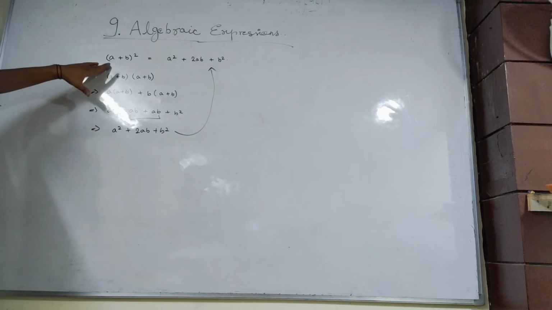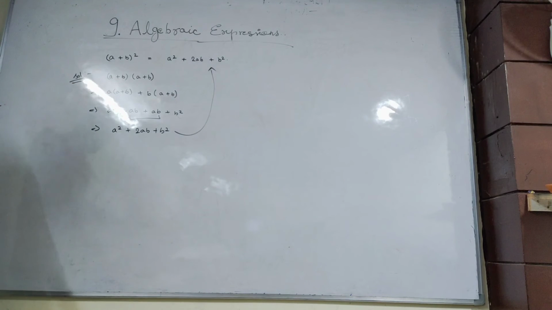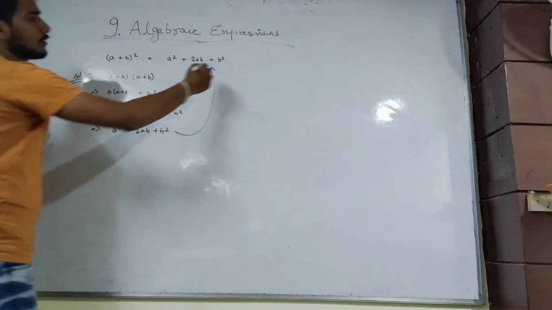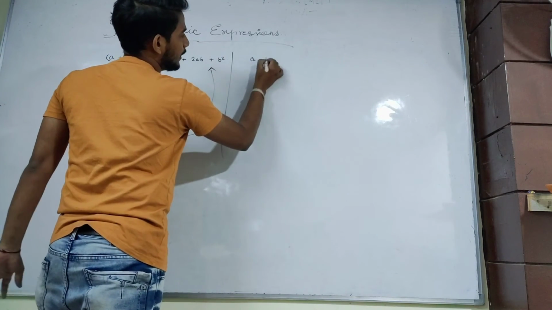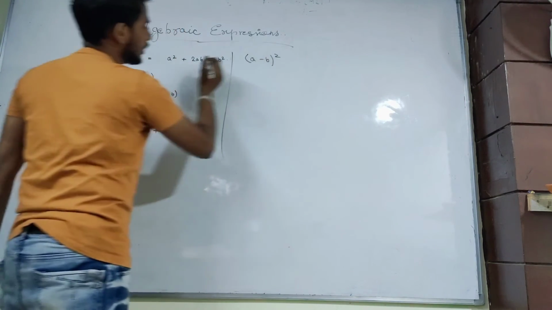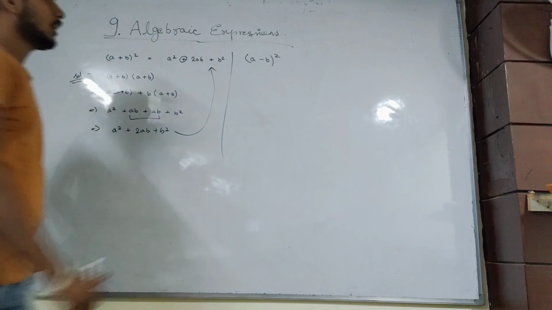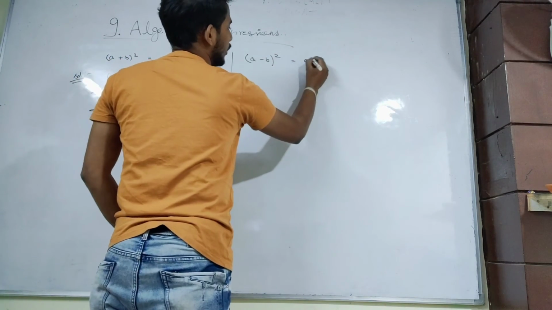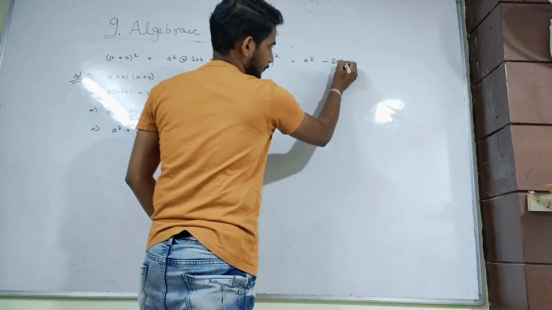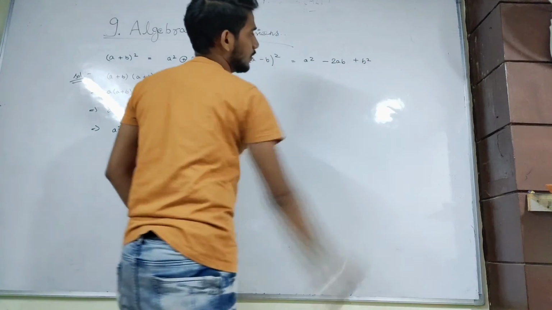And similar to this is the other identity, a minus b whole square. Just from here the sign will change, the minus sign will come. I will show that also: a square minus 2ab plus b square.